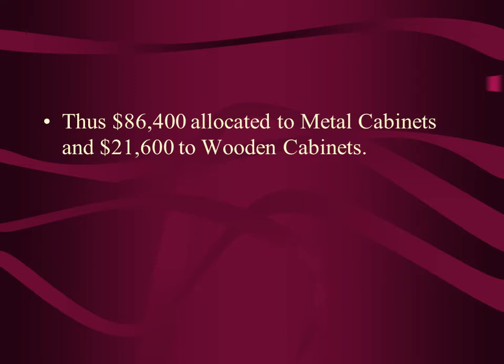So $86,400 is allocated to metal cabinets and $21,600 is allocated to wooden cabinets. So now you can see how the cost drivers have been used to charge overhead to the products. And in this case, the cost driver that was used was number of works orders.